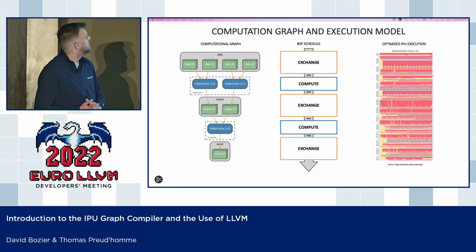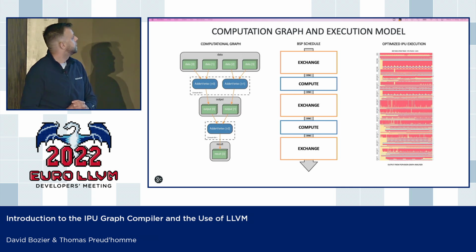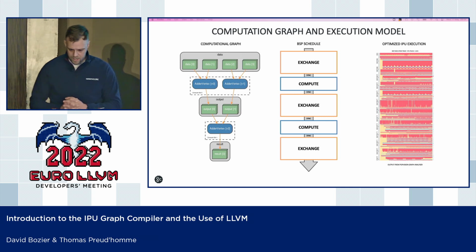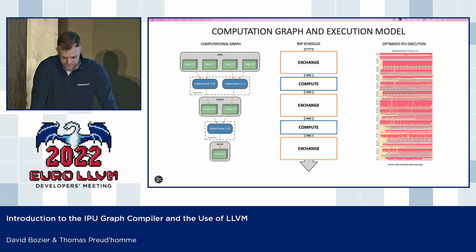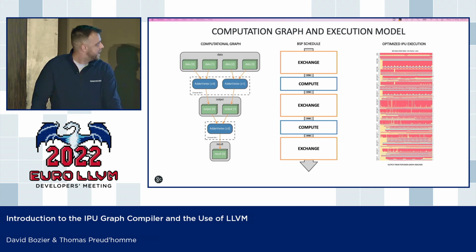So on the left here, we can see an example where we have 4 pieces of data that are connected to 2 adder vertices, which will perform an add. These 2 will do it in parallel as part of a compute set. And the output will be more data. And then we have another phase where we do another add to get the final result.